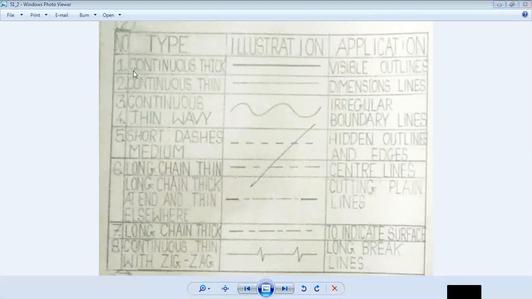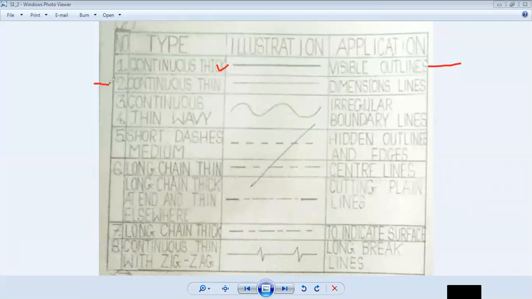So this line, first is the continuous line, continuous thick line. I will send you a clear picture or a clear document. This is just for discussion as of now. The first one is the continuous thick line, and it is generally used to show visible outlines of the object.